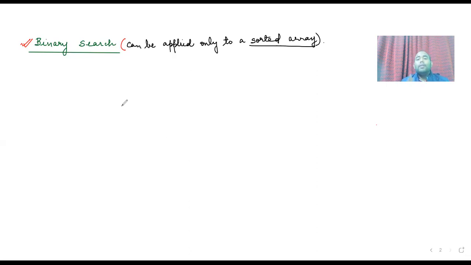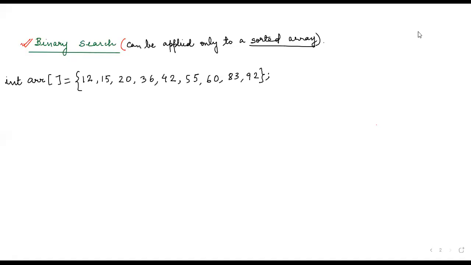Now coming to the mechanism behind binary search, let us take the example of an array. So you can see I have initialized an array whose name is ARR and which has these elements 12, 15, 20, 36, 42, 55, 60, 83, and 92.